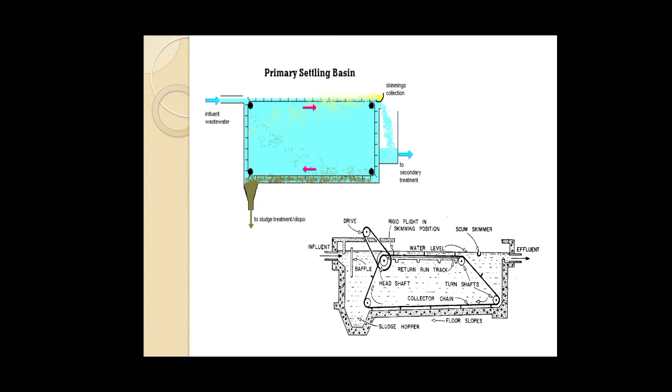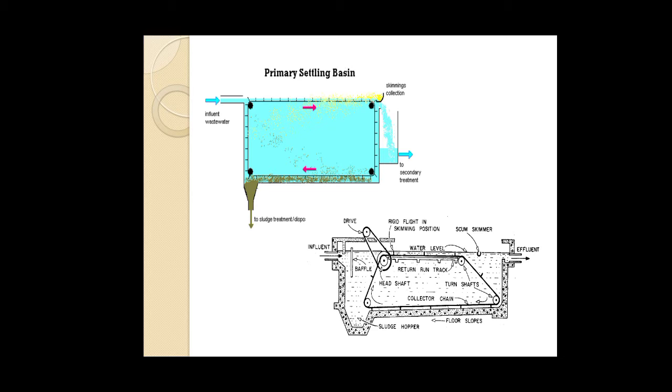In this settling tank, we can see in the diagram that there is one rotary drive, and a water level. At the right, in the skimming position, there is one head shaft where the rotation of the belt is continuously done so that the water and the sludge get mixed properly.